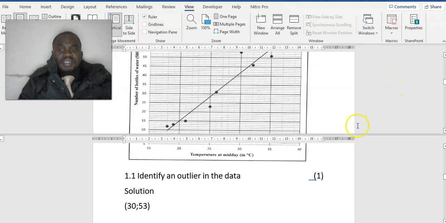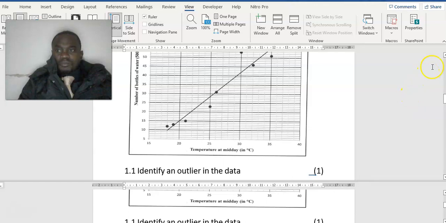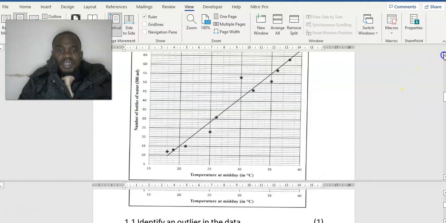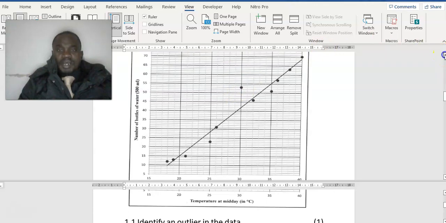If you check this data, you see that all these ones, they are close to each other except this one. This one separates itself from the rest of the points. So we call this one what? An outlier.